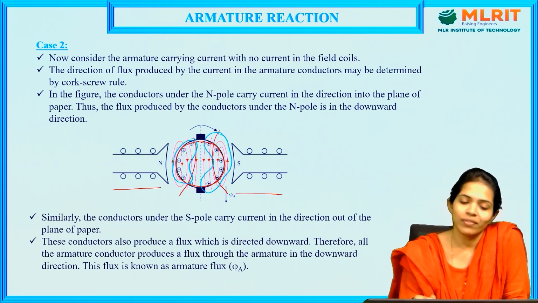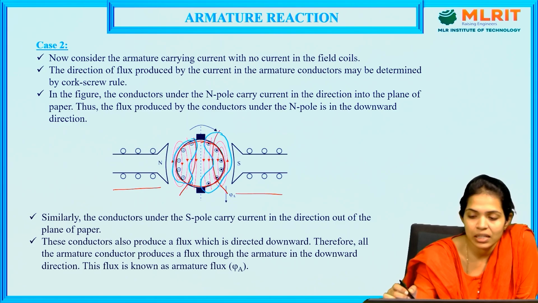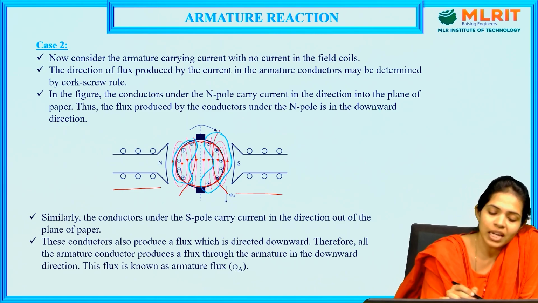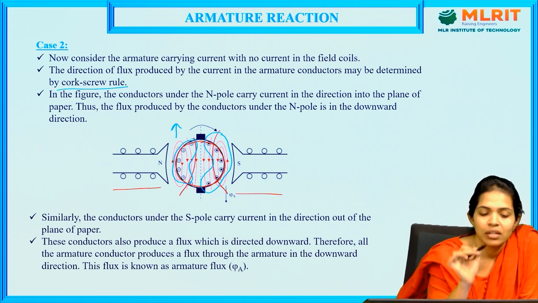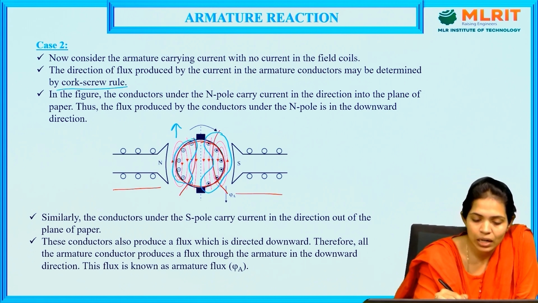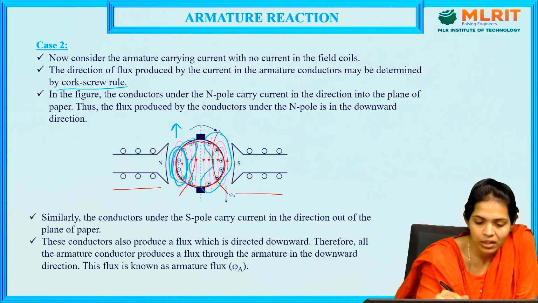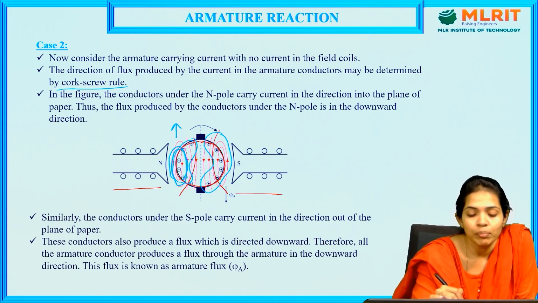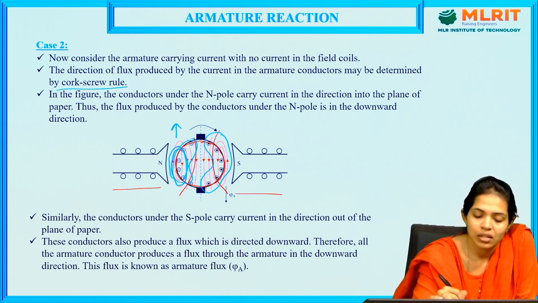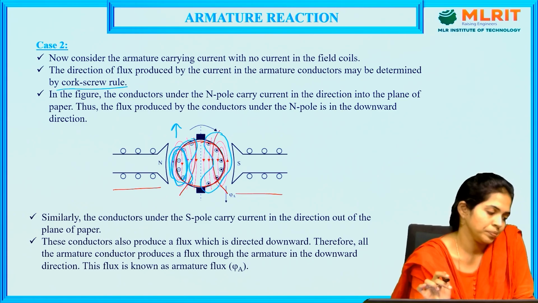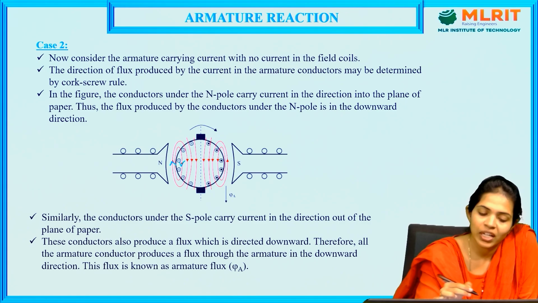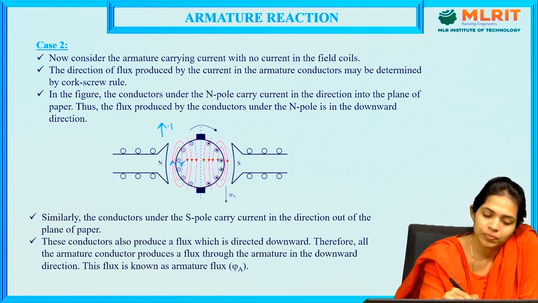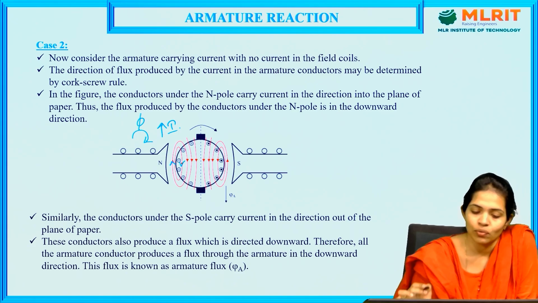Under the north pole, the current direction is into the plane, so it is flowing inwards as determined by the corkscrew rule. We can see the clockwise direction of the magnetic flux. When the current is flowing inwards, the direction of rotation of magnetic flux is clockwise.